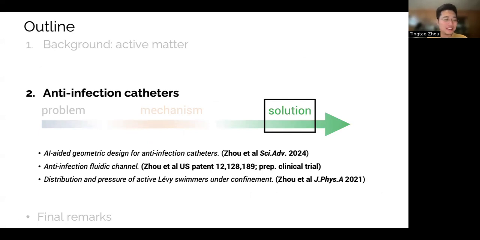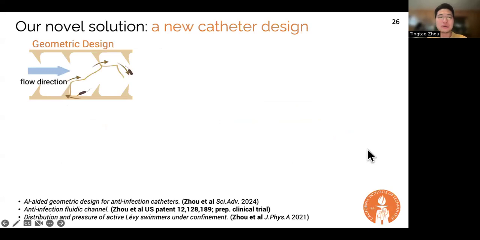So now we have done some mathematics. We still want to go back to the real problem, which is the contamination of urinary catheters by bacteria and the resulting infections. Can we solve this problem in some way? We came up with a very simple design for the interior geometry of the catheters.